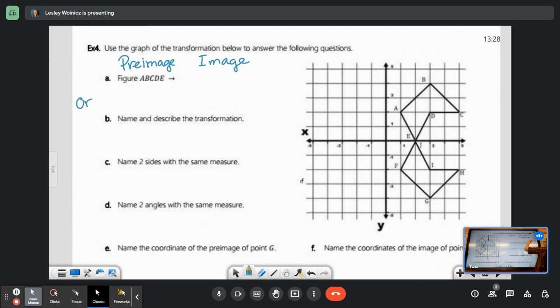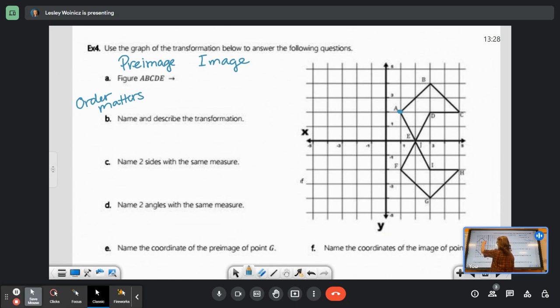The order matters. Because the order that you list the points in is telling what is mapping to what. So if we look at the figure and we find point A, we can't just start with H because A does not map to H.